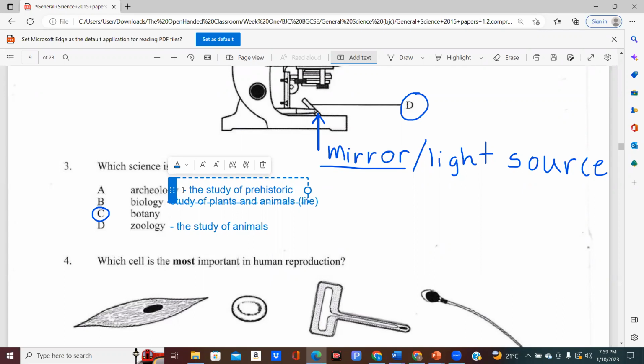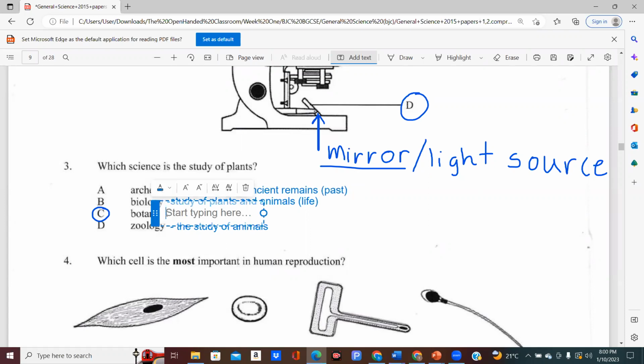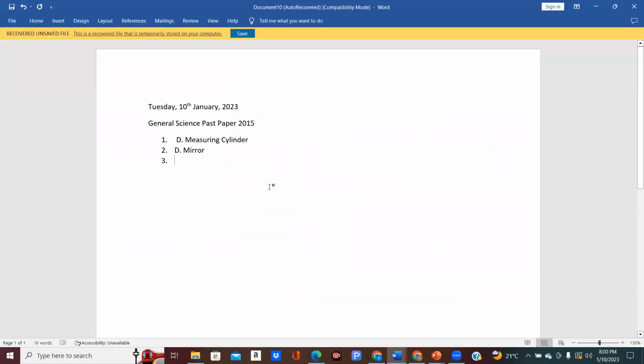Yeah, the study of prehistoric, ancient remains, right? Or the past. And botany, obviously, the study of plants. So number 3 is C, and C is what? Botany.